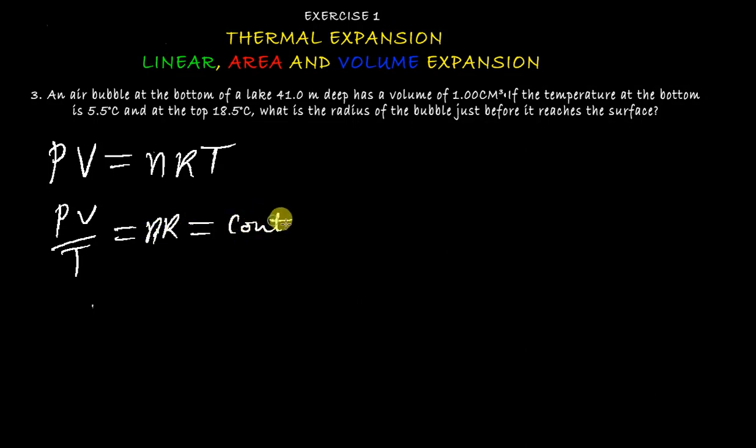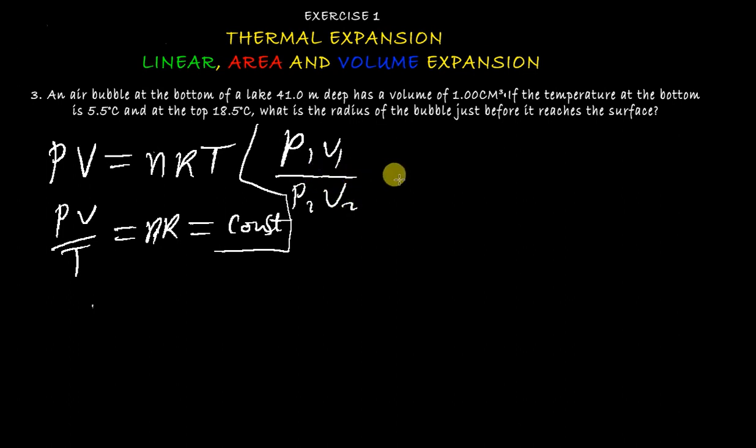So if we put the constant this side, we can write it as P1 V1 over T1 equals P2 V2 over T2.